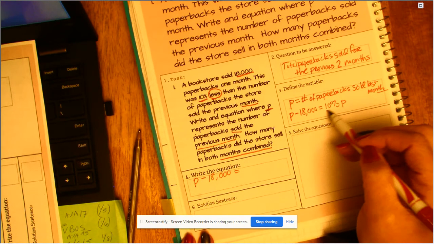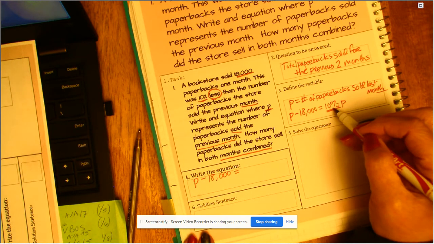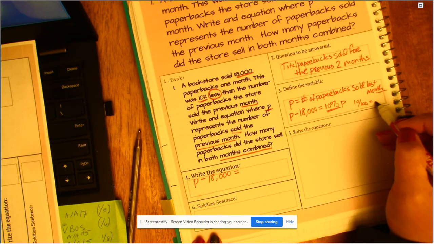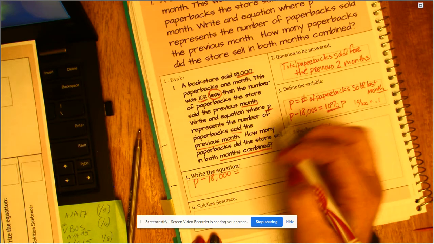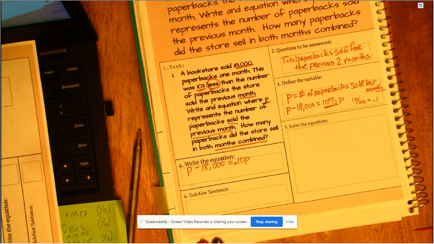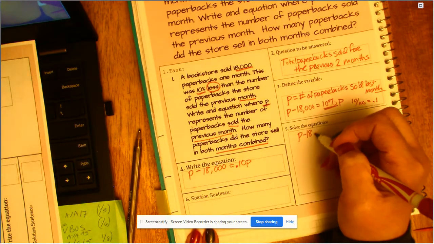And now I need to put 10% into a usable math term. So I would take 10 and divide it by 100 to make it a decimal. I'd get 0.1 or 0.10. So 0.10 P is what it's equal to. So I'm going to bring that over here and solve it.